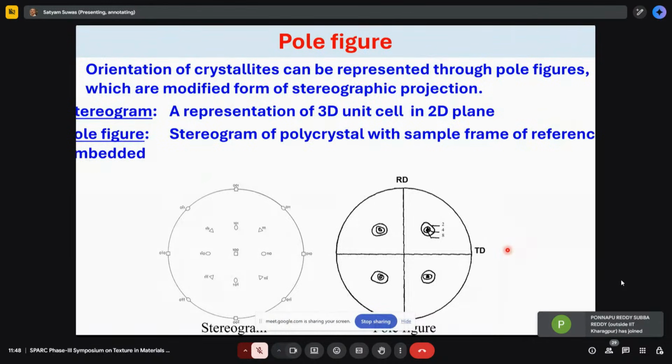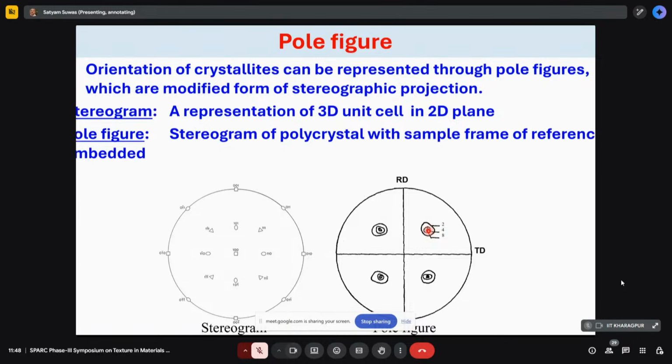Now, what we do in a pole figure is the same projection as here. You could see here, this is a 100 type of projection. So we get a stereogram, but suppose we are projecting this with the specimen frame of reference embedded to it, and for a polycrystalline material, all these planes which are oriented differently are represented somewhere.